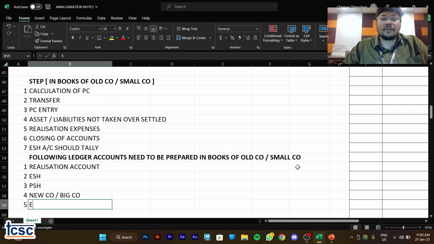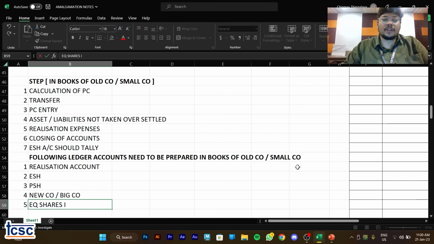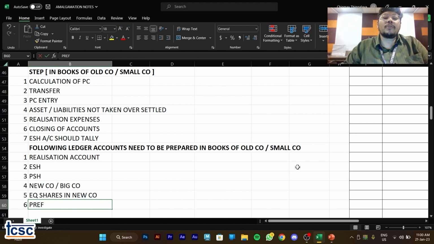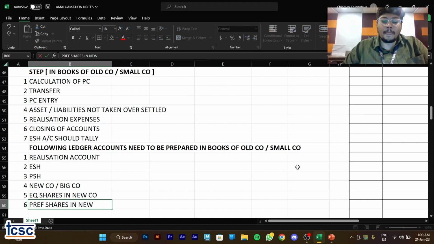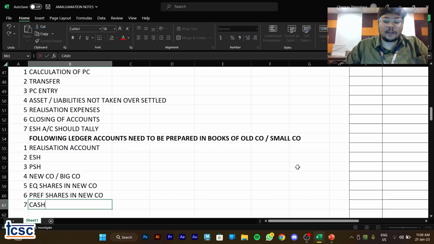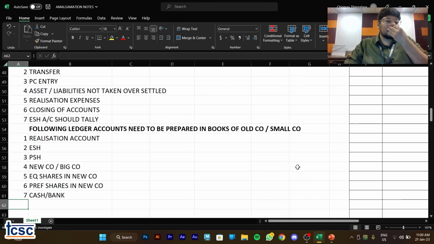Fifth, if the PC is discharged in equity shares, then we prepare the equity shares in new company account. If PC is discharged in the form of preference shares, then the preference shares in new company account. If PC is discharged in the form of cash or bank, then we are supposed to prepare the cash bank account. So these are the compulsory ledger accounts which we are supposed to prepare in the books of the old company and new company.